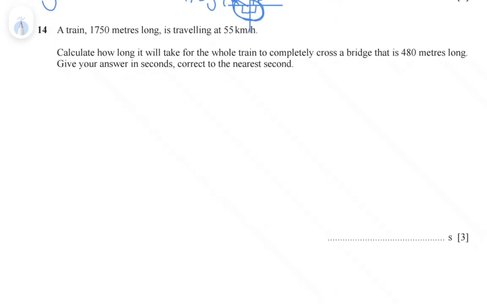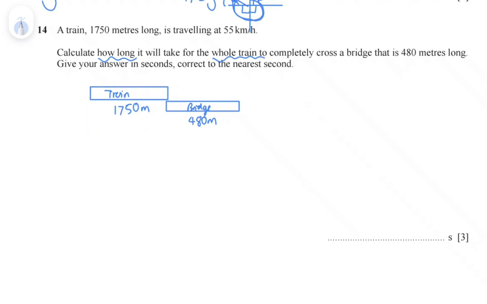Moving on now to question 14, we are looking at a train represented as this rectangle, which is 1,750 meters long, crossing a bridge which is 480 meters. So we want to find the time for the whole train to completely cross the bridge.